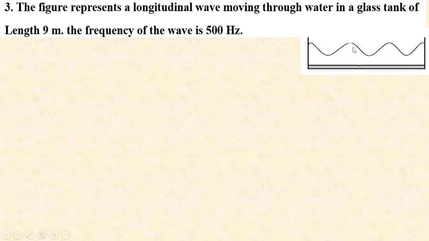There is a longitudinal wave moving in a water tank of length 9 meters. From this figure, can you tell me the number of waves? Yes, 3. From this point to this point is one wave. The wavelength can be calculated by the distance between 2 points in the same phase. I have here 3 distances, so it's 3 waves.